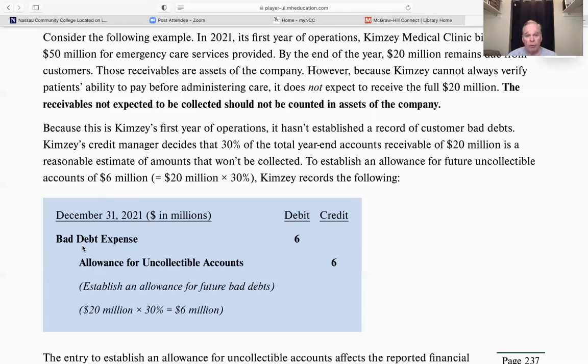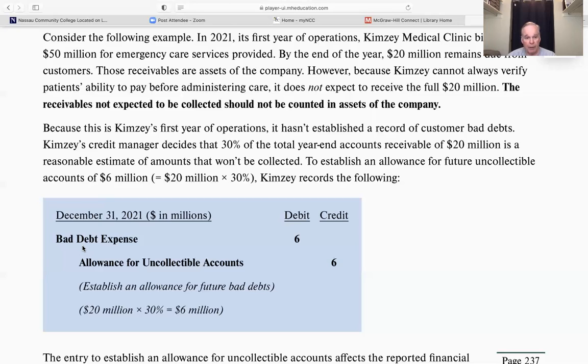So really, when you're calculating 20 million times 30% is 6 million, you're calculating the balance in the allowance account, right? So the debit to bad debt expense is whatever that number is. You're calculating the number that goes into the allowance account.